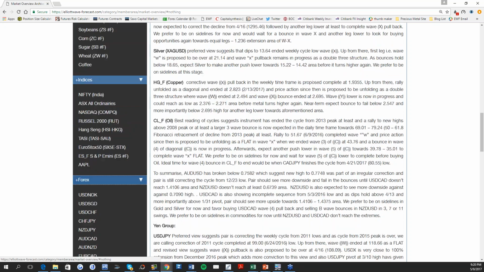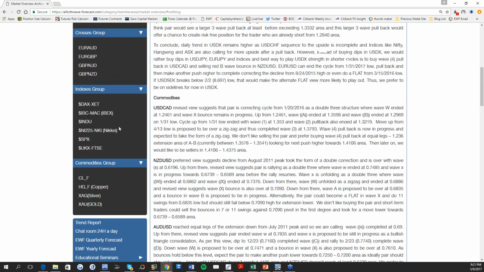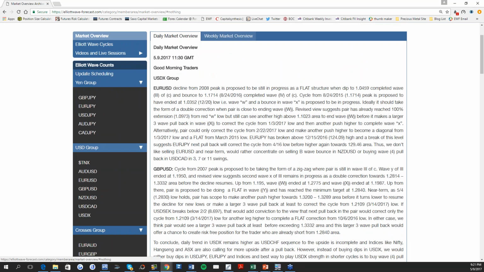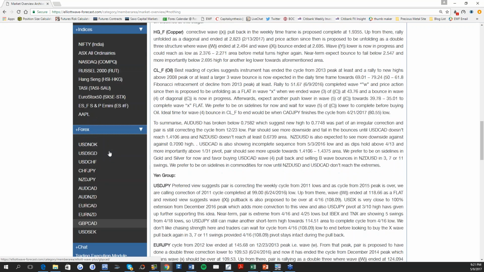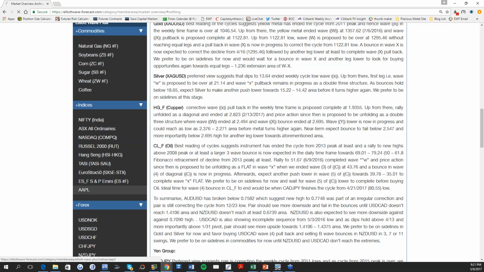In the indices, right now we have only one stock, which is Apple. We are planning to add a lot more stocks, Google, IBM, some of the most popular ones, in a stock plan very soon, like 20-something probably. But that's still not yet. So far we cover around 52 instruments here.